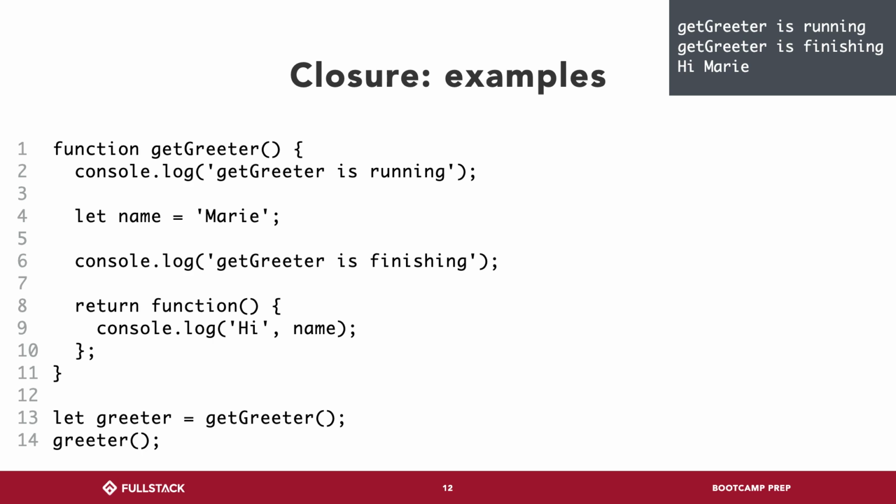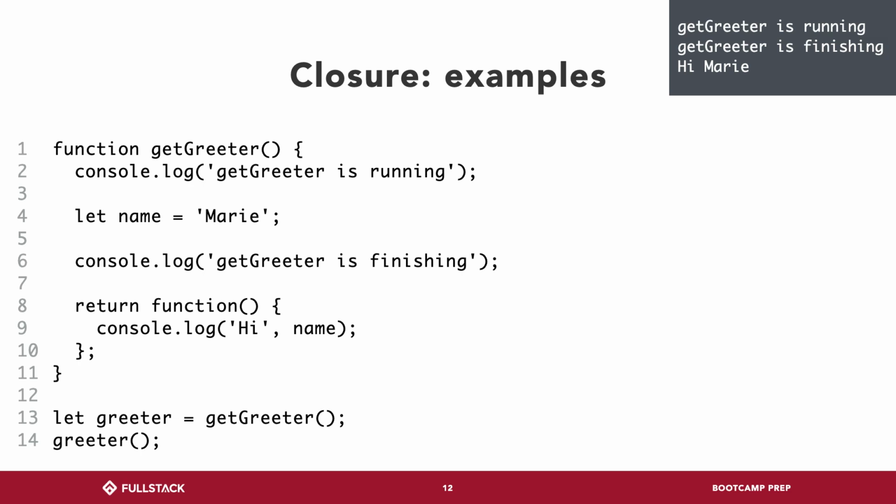This is closure. This is saying that this function has access to this variable even after this function is done running. Because it sees that greeter is just a variable name, right? I'm defining greeter here, and greeter is a function, because that's the return value of this.